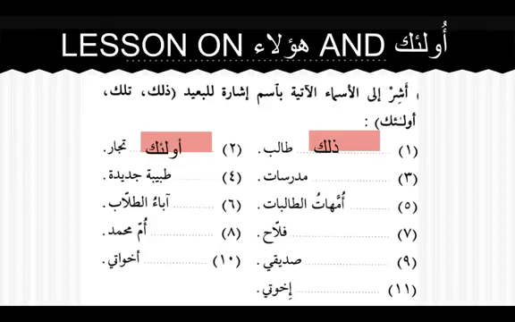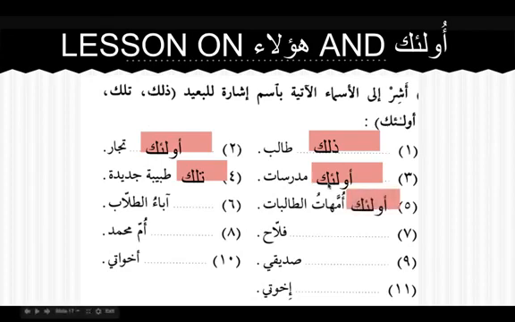Mudarrisatun, again ulaika, because for masculine and feminine plural it is the same, ulaika. Tabibatun, if it is singular it will be tilka. So we need to get used to using these demonstrative pronouns. Dhalika, tilka, and ulaika. Ummahatu, ulaika. Ulaika ummahatu at-talibati. And again ulaika aba'ut-tullabi.